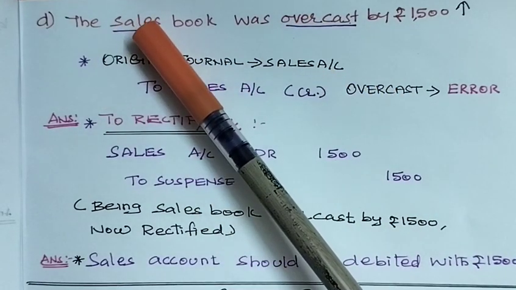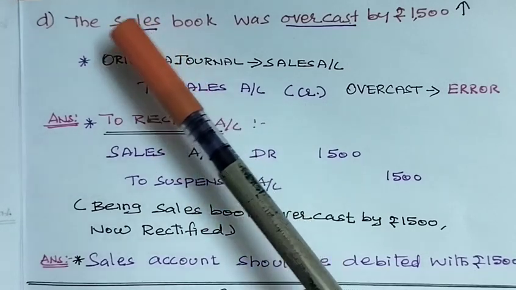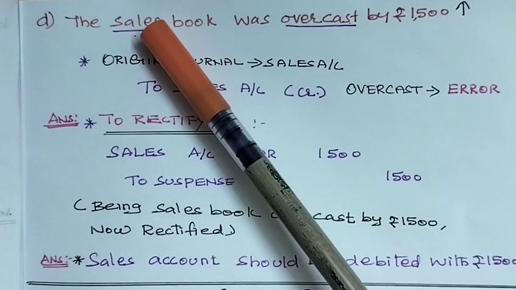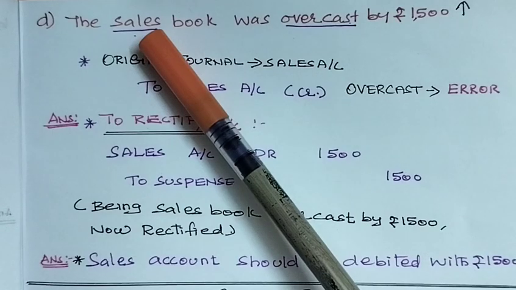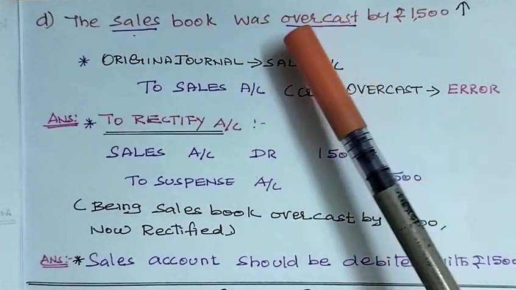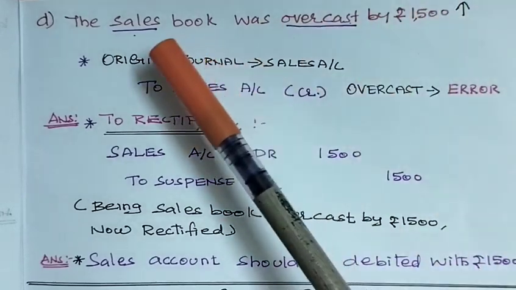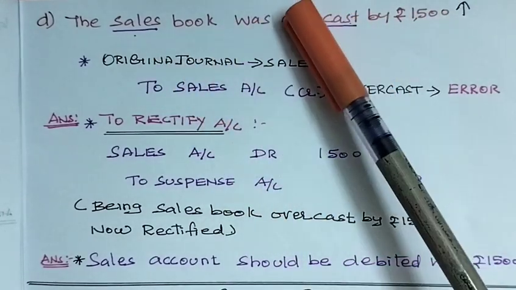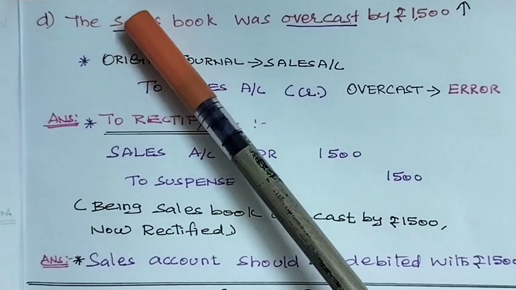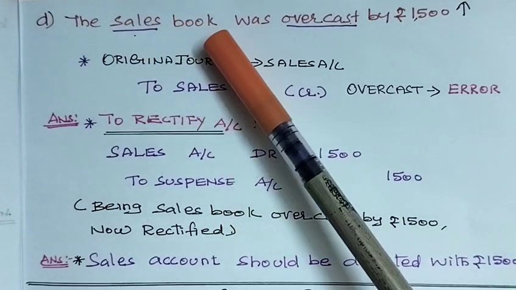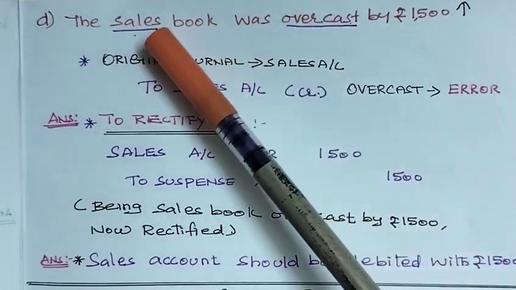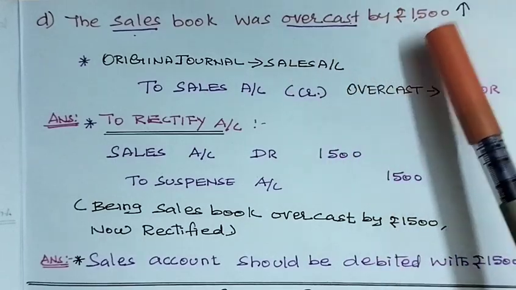Sales account appears on which side in the journal entry? On the credit side. But what is the error? Overcost, 1500 rupees increased in sales book. This is the error. How do we rectify? Sales account is credited, so it will be debited, only then the error will be rectified.